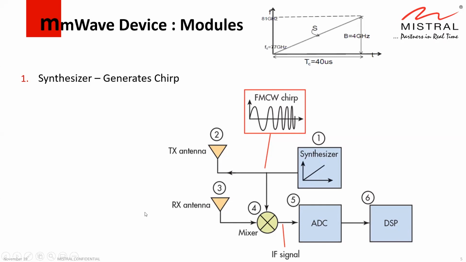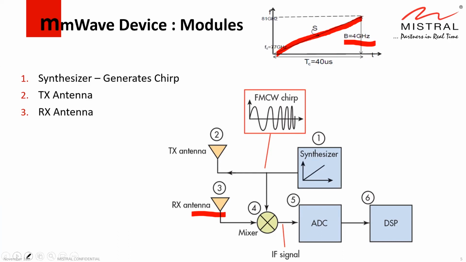You can see here this waveform, a 4 GHz bandwidth. The chirp varies linearly with respect to the chirp frame, and the chirp is transmitted. The chirp, the continuous wave frequencies, is transmitted by the TX antenna, and the reflected pulse from the objects is received by the RX antenna.